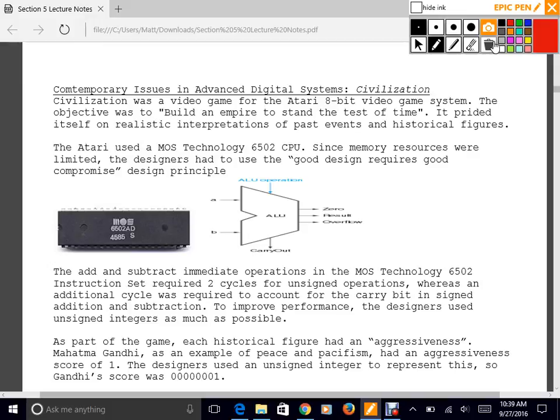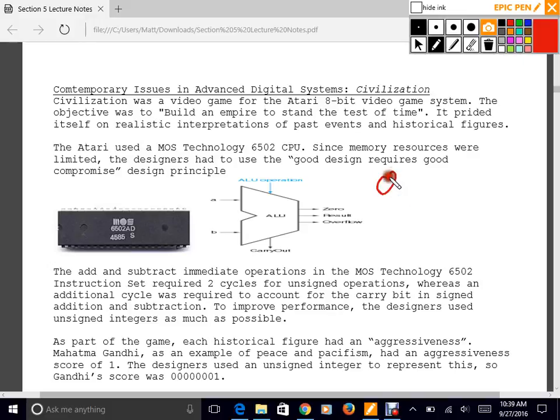But this caused a real interesting problem. Each historical character had an aggressiveness score. And when you formed a democracy, they subtracted 2. So you can be Gandhi, and Gandhi's aggressiveness score was 1. If you decided to create a democracy with Gandhi, they subtract 2 with an unsigned integer.